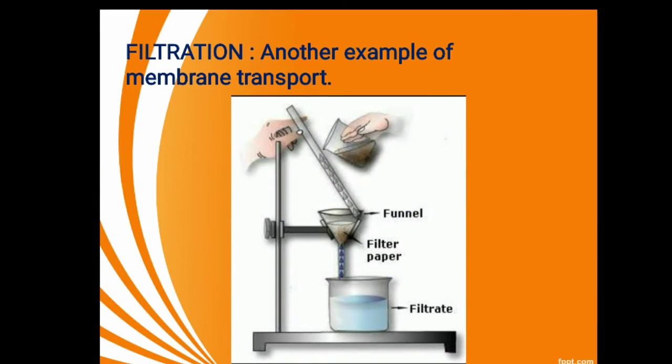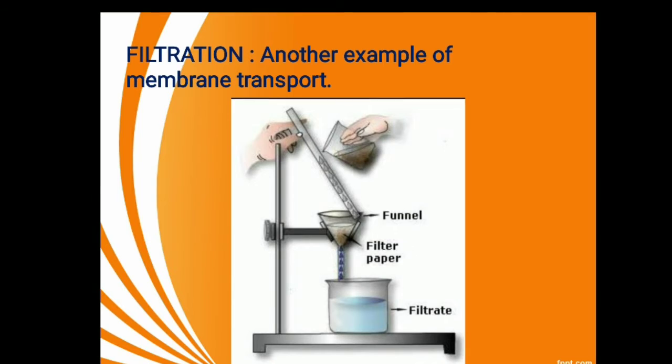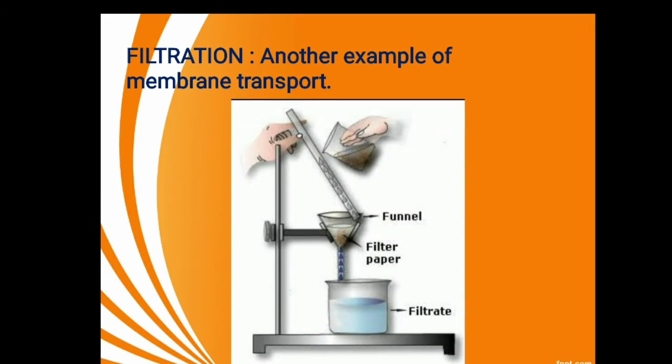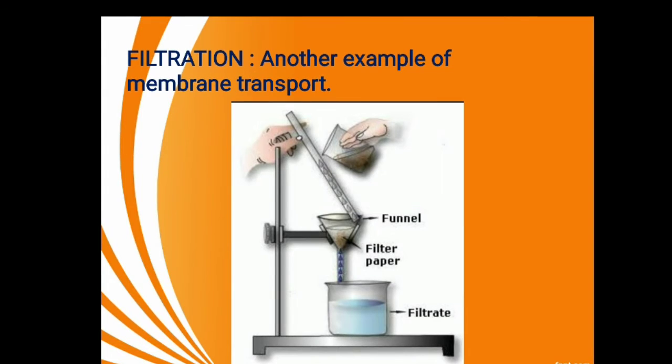You can observe that the solid materials, that is the wheat flour or sand or mud, remain in the funnel only, and only the water molecules are filtered. So it is called the filtrate. What you can see in the filter paper is the solid material which you had mixed in the water.